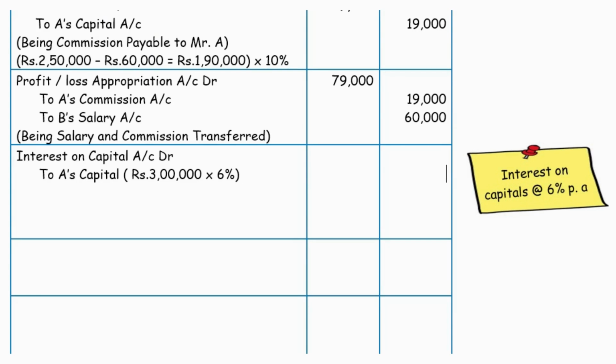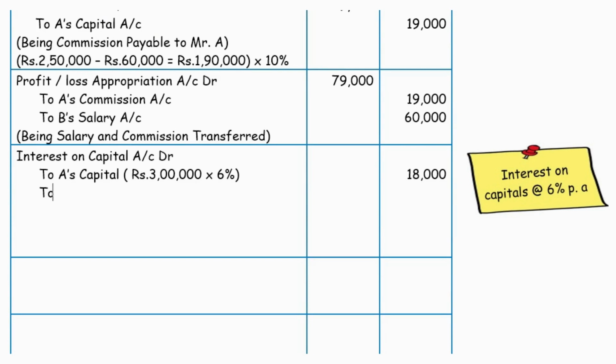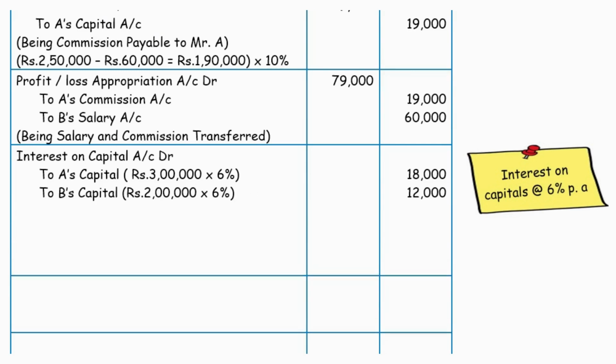So his interest on capital is 18,000, and the next partner, B's capital is rupees 2 lakhs, and he will be getting an interest of 6%, that is 12,000.